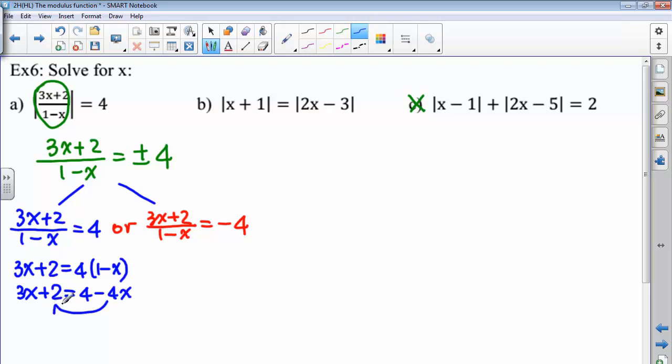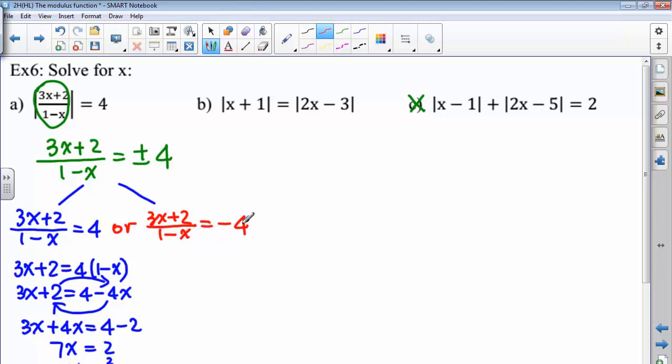Move negative 4x to this side and move 2 to the right side. We have 3x plus 4x equals 4 minus 2, so it's 7x equals 2. Then divide both sides by 7. x equals 2 sevenths.